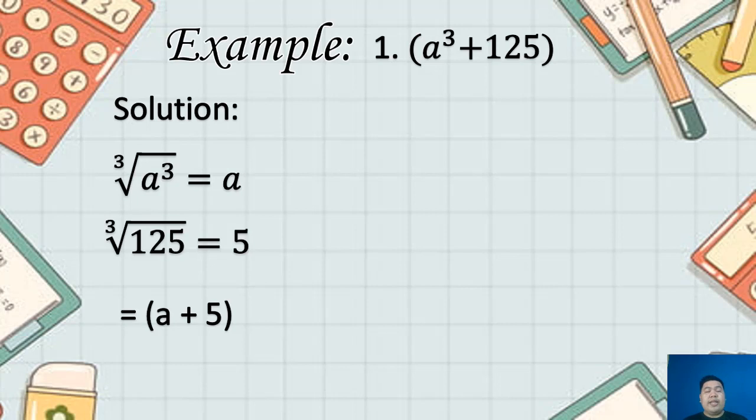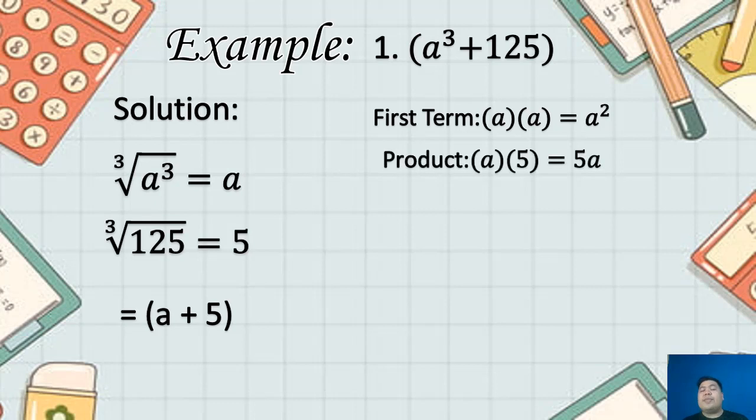For the second step, we will get the trinomial. First, we square the first term, so we have a squared. Then the middle term in the trinomial is the product of the first and the second, which is 5a.